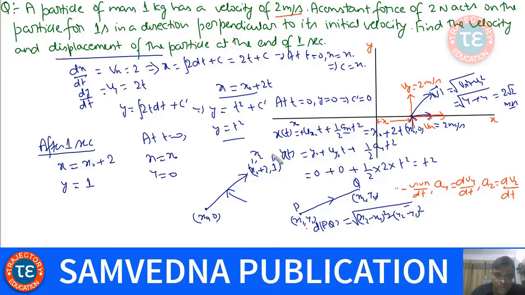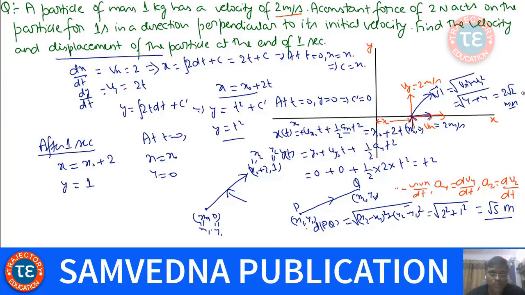So if I do it over here, this is your x2, y2, this is x1, y1. So if I do this, what do I get? x0 plus 2 minus x0, 2 square, 1 minus 0 whole square, 1 square, root 5, right? Root 5 meter.